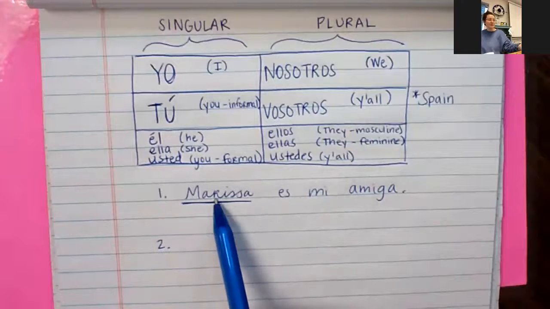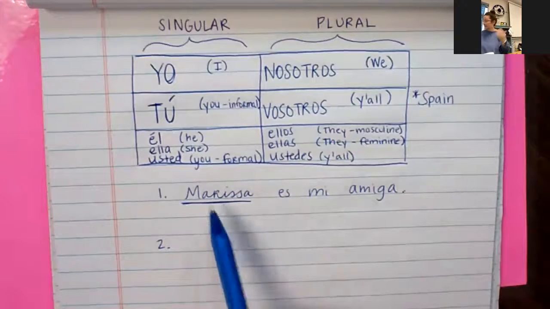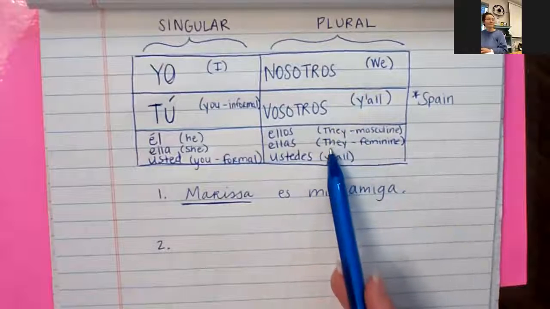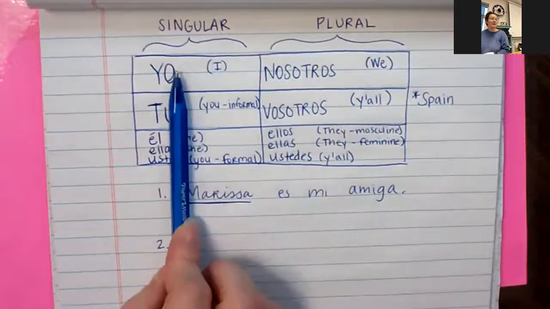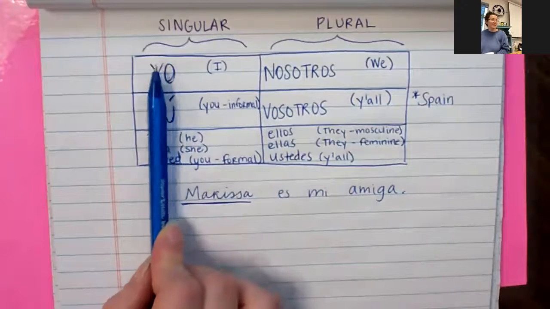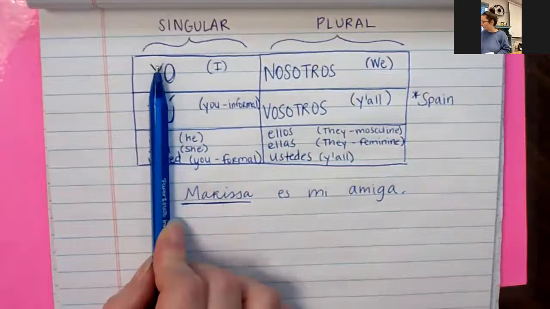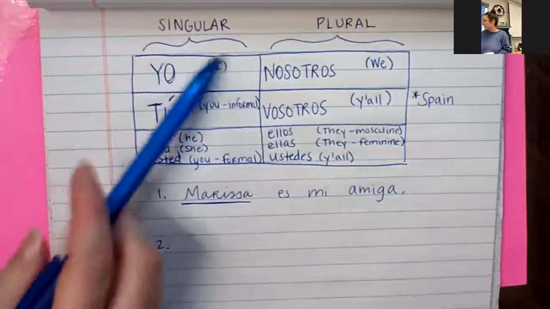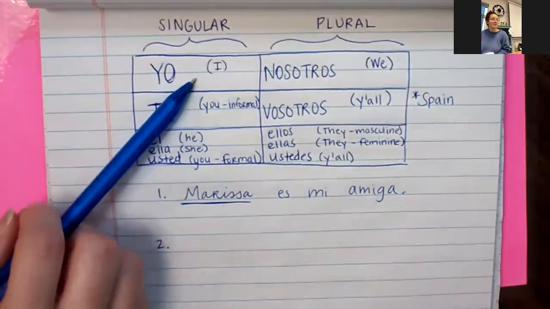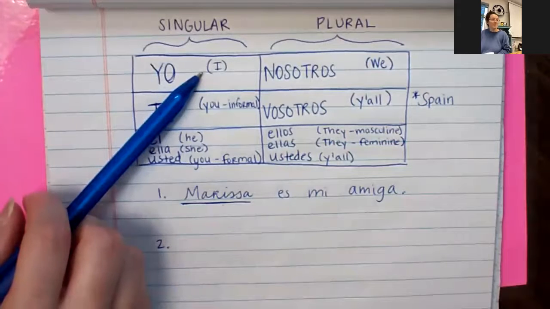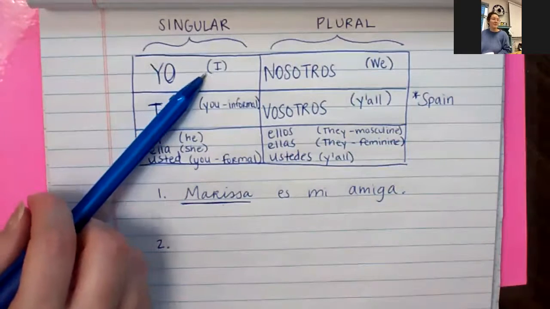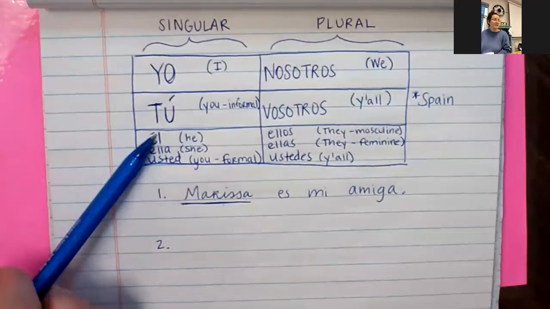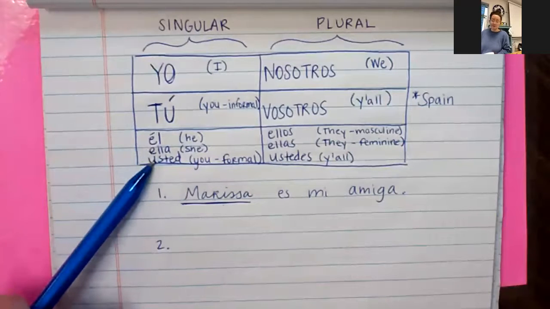So first things first, is Marissa one, is it singular or is it plural? So we know that Marissa is one person. So we're going to pick from this side of the chart. So now we're just going to go through and figure out which one makes the most sense. Would I say I is my friend, you is my friend, he is my friend, she is my friend, or you is my friend?